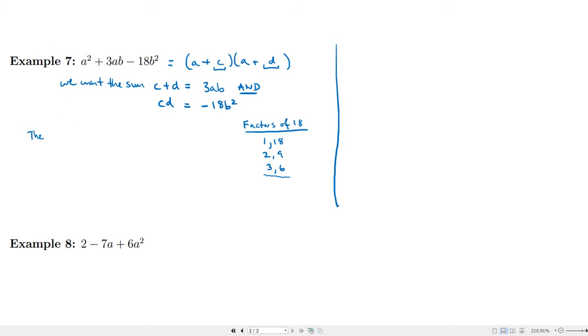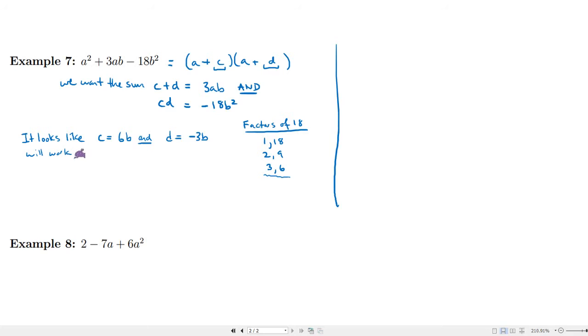Okay, so how about I just say, it looks like c equals the positive 6b and d equals the negative 3b will work.